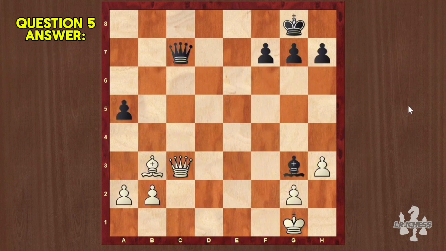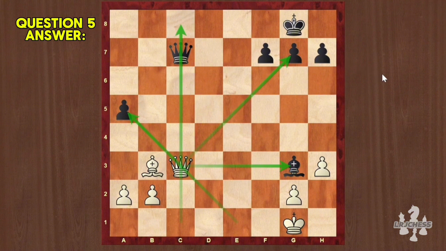And for the last puzzle question, I asked, how many pieces could the white queen capture in this position? So the queen moves like a bishop and a rook, up, down, left, and right, and on the diagonals. So if we draw out the queen's line of sight, all we have to do is check if there are any black pieces that hit on this line of sight.